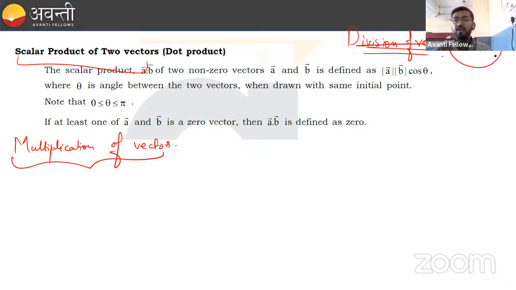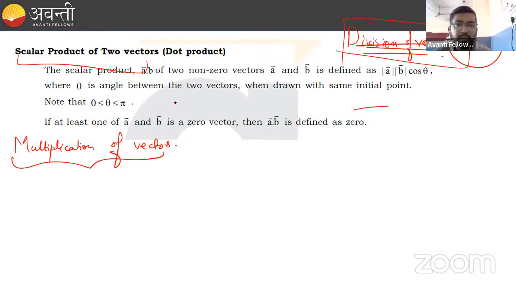We cannot divide two directions. Division of directions is a very absurd statement, but division of numbers is possible. That is why division is there in scalars, but not in vectors. But multiplication can happen.